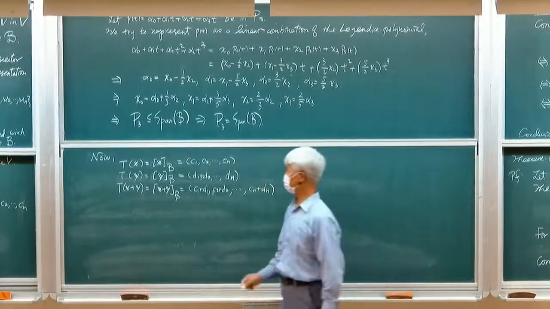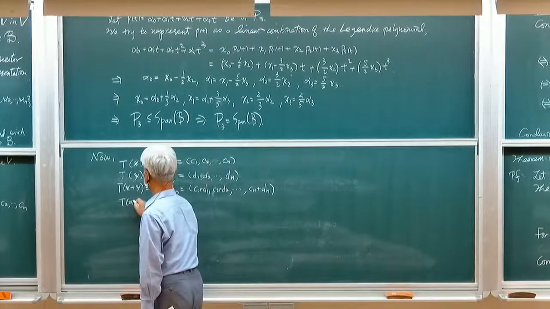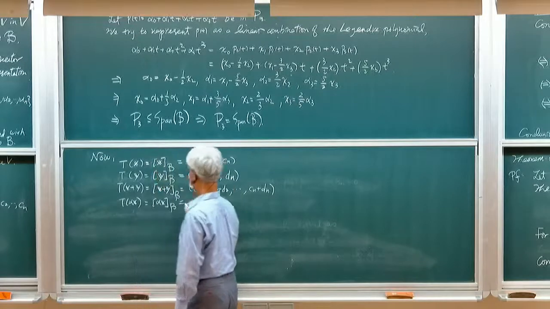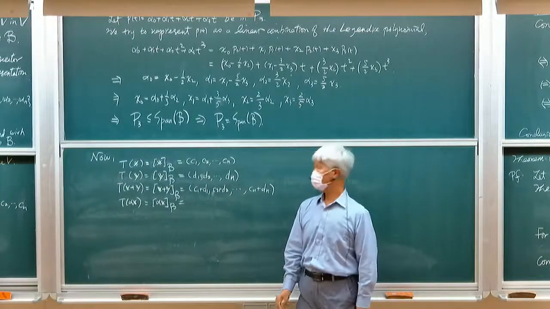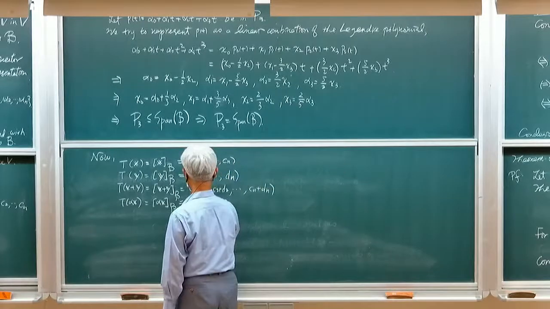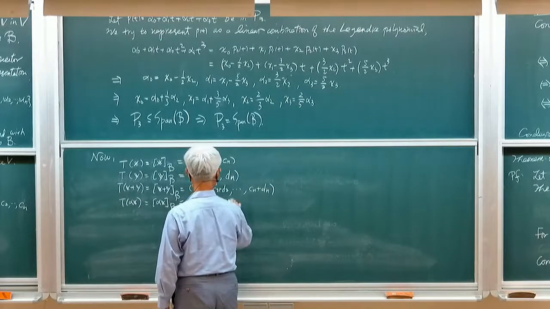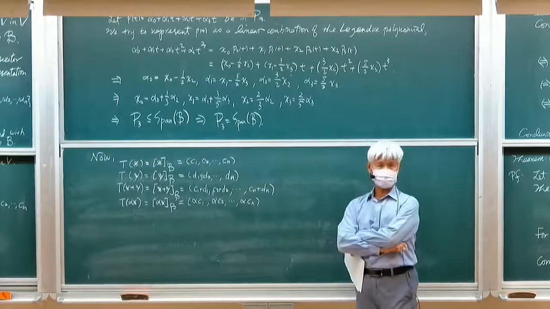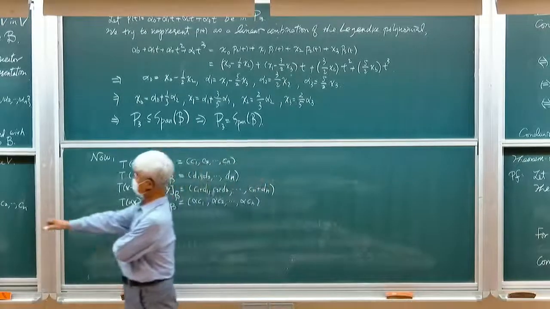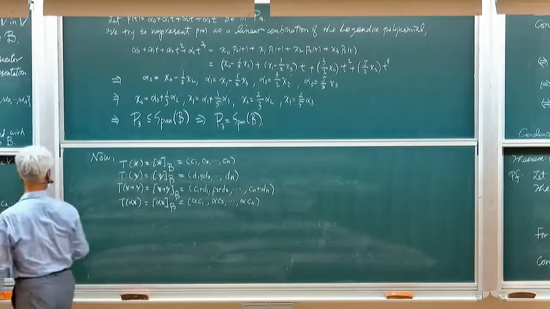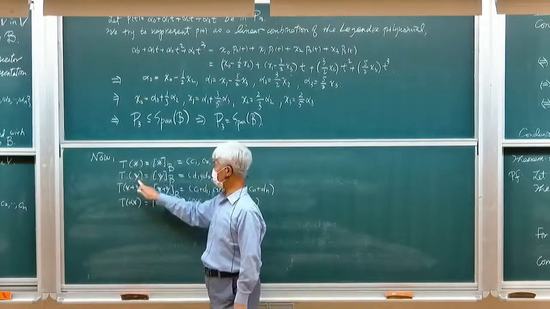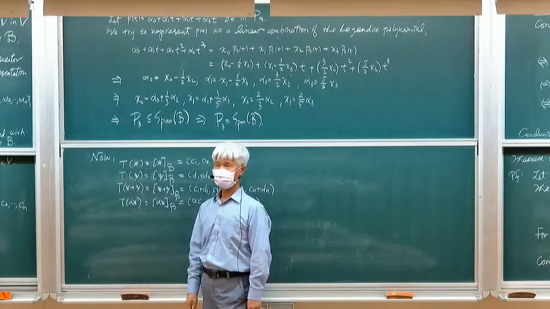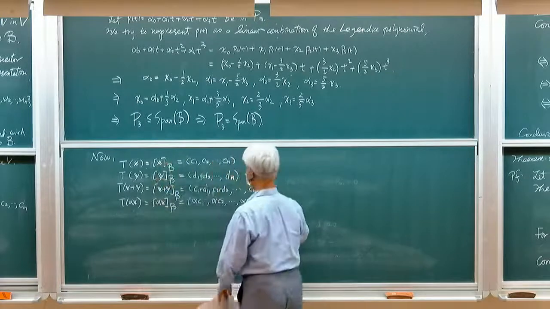Okay, and T of alpha x is the vector alpha c1, alpha c2, alpha cn. Okay, so from these data, we have the images of x, y, x plus y, and alpha times x.